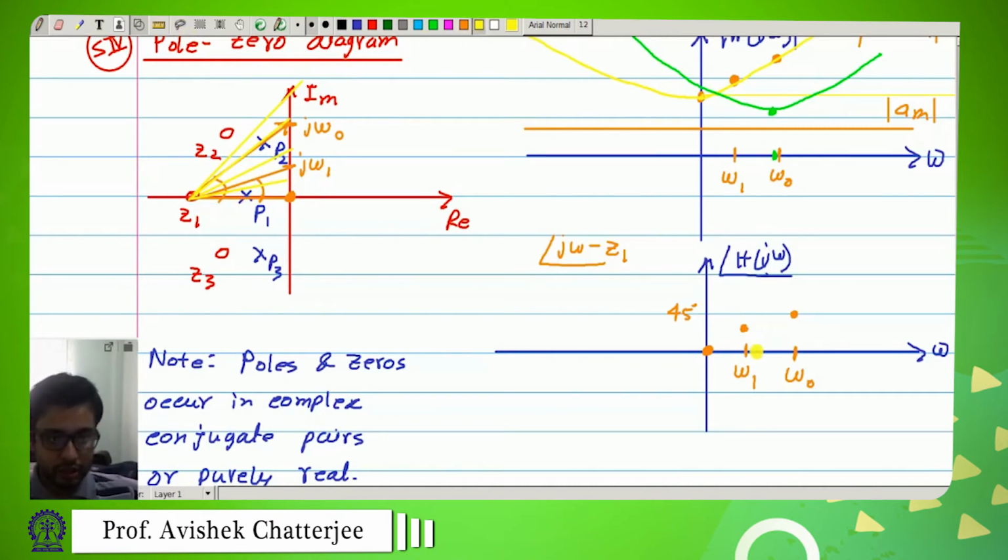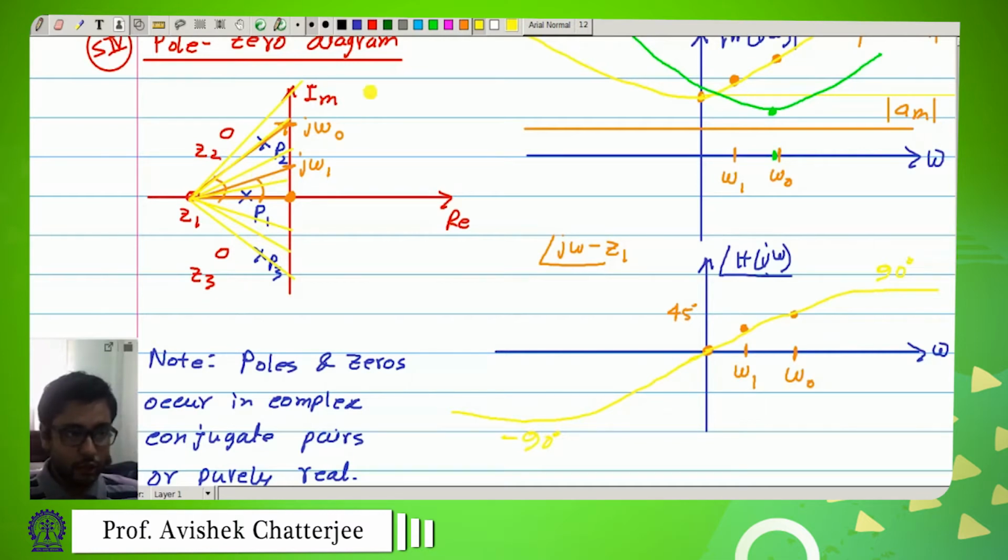So this plot will look like this. It will reach 90 degree finally. Now on the negative side, when you decrease omega, the angle also becomes negative and it keeps decreasing, and in the extreme case, for omega tending to minus infinity, the angle will be minus 90 degree. So this plot will be like this, going to minus 90 degree.